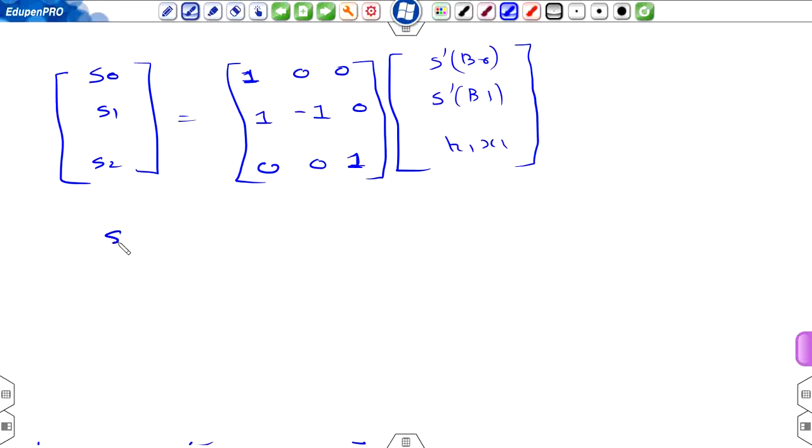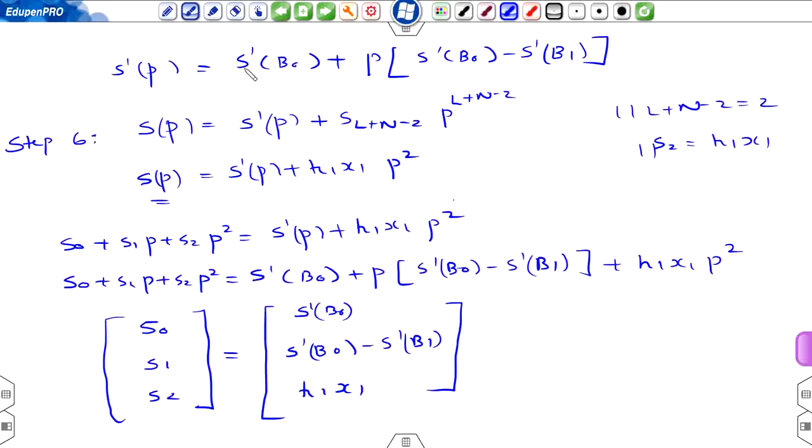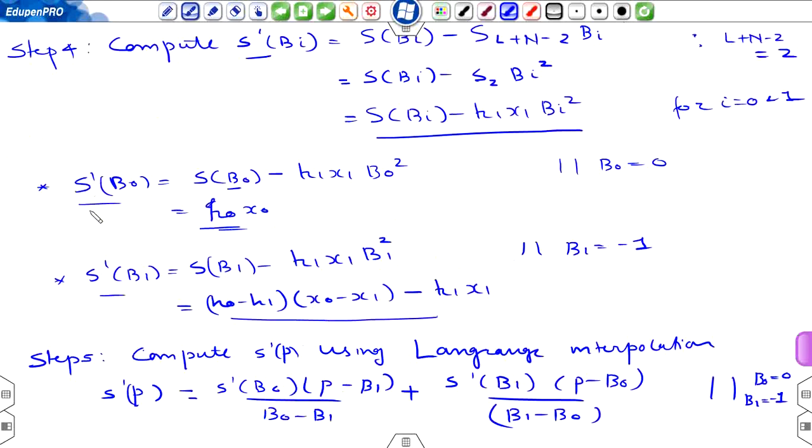We can now replace S prime beta i with S of beta i. S prime beta 0 is equal to S of beta 0, as already calculated from this equation, and S prime beta 1 is equal to S of beta 1 minus H1 x1.